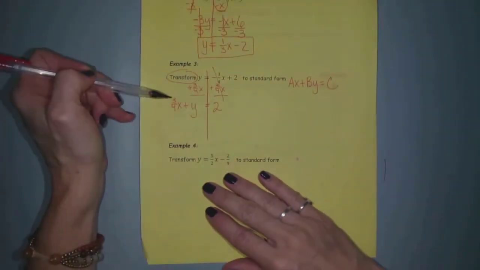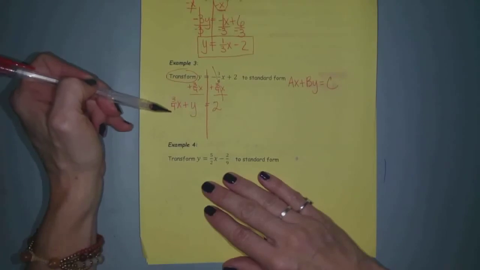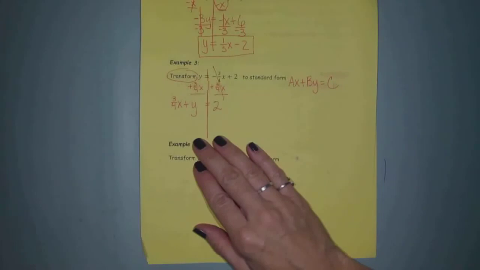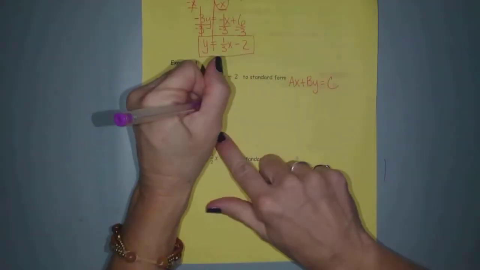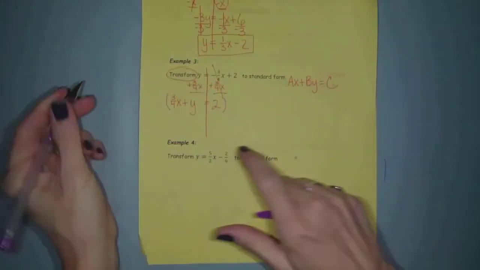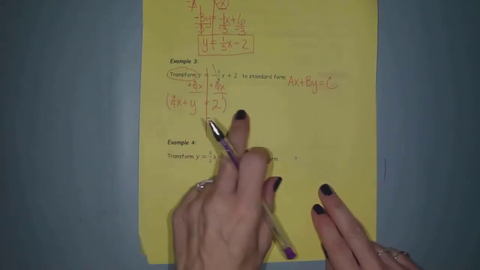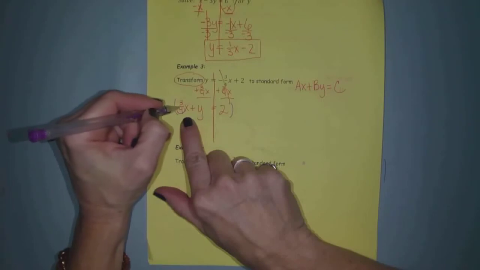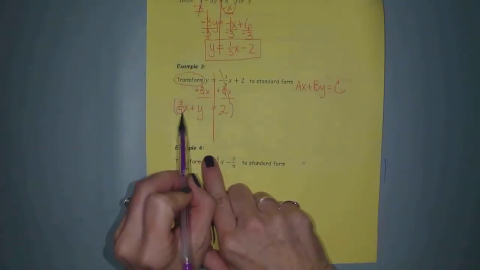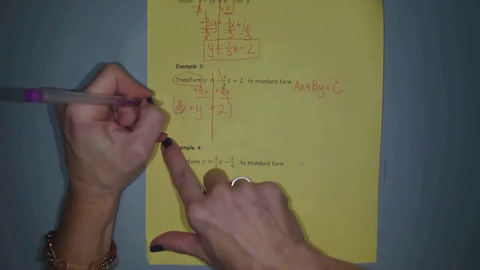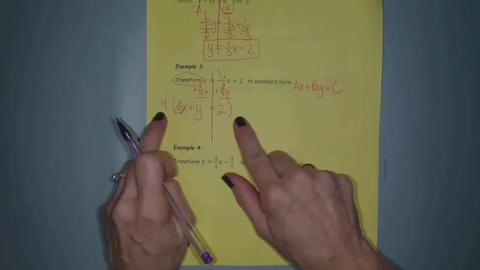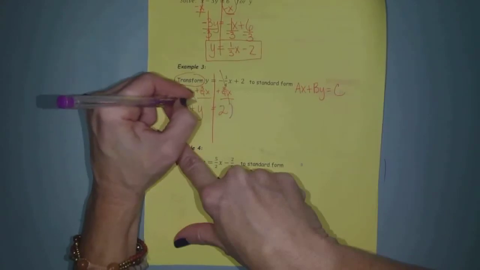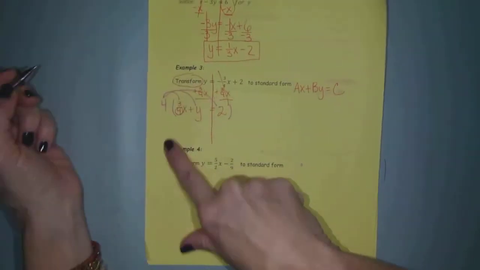And the easiest way to get rid of a fraction that is a coefficient to one of your variables is to take the entire equation, put parentheses around it, because whatever I do to one term, I have to do to everybody, multiply by the denominator here of your fraction, 4. So let's multiply all of this by 4, which is going to require me to distribute here, here, and here.